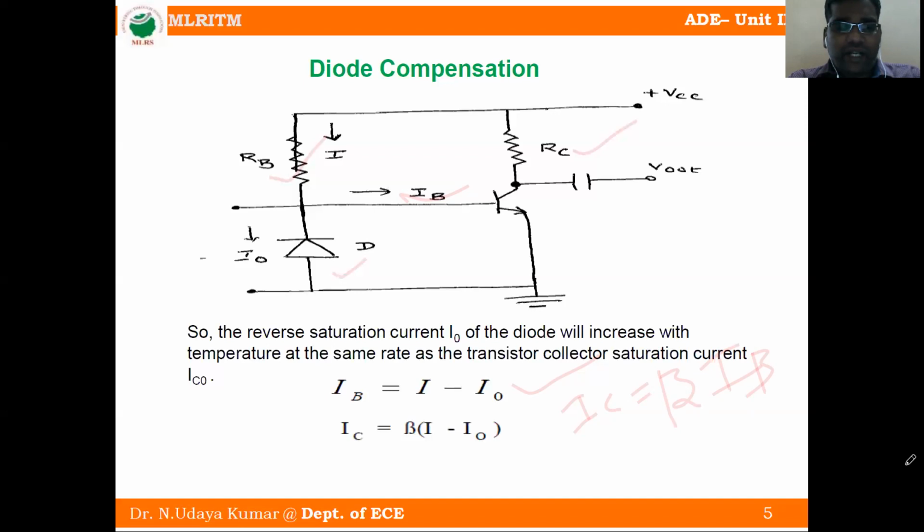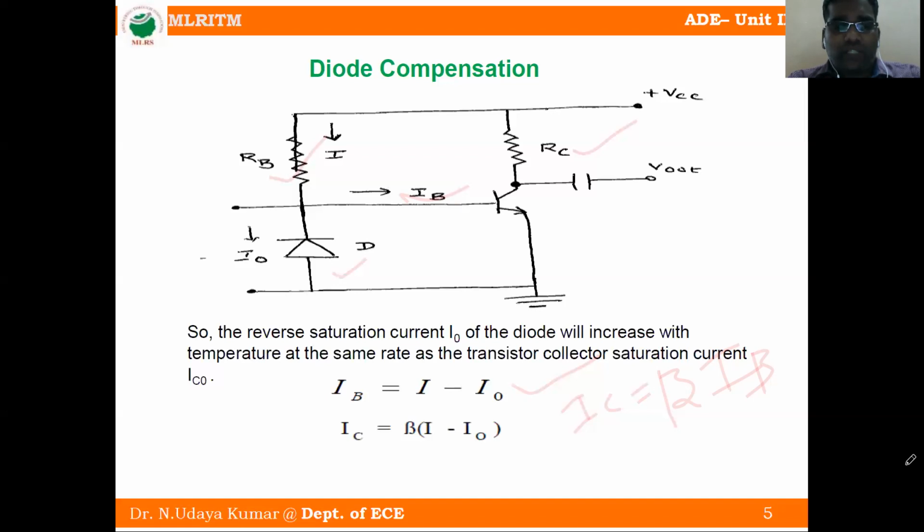As long as temperature is constant, the diode acts as just a resistor. As temperature increases, IC naught of the transistor increases.